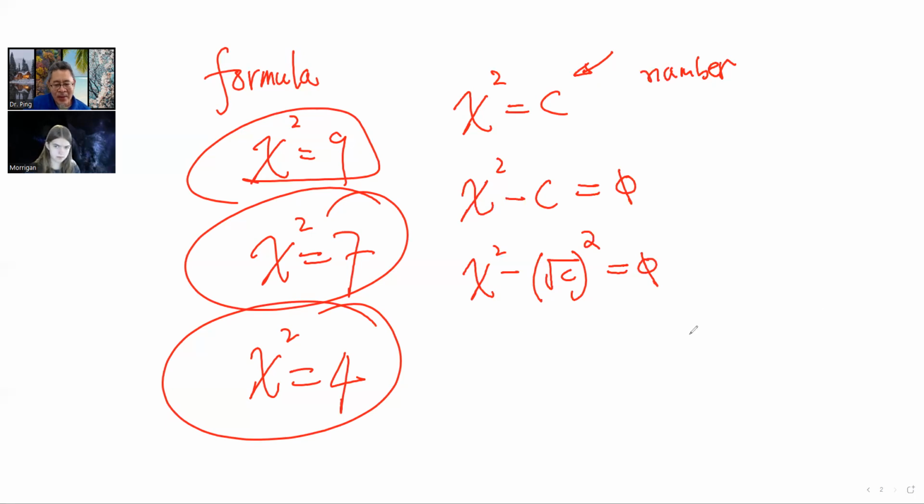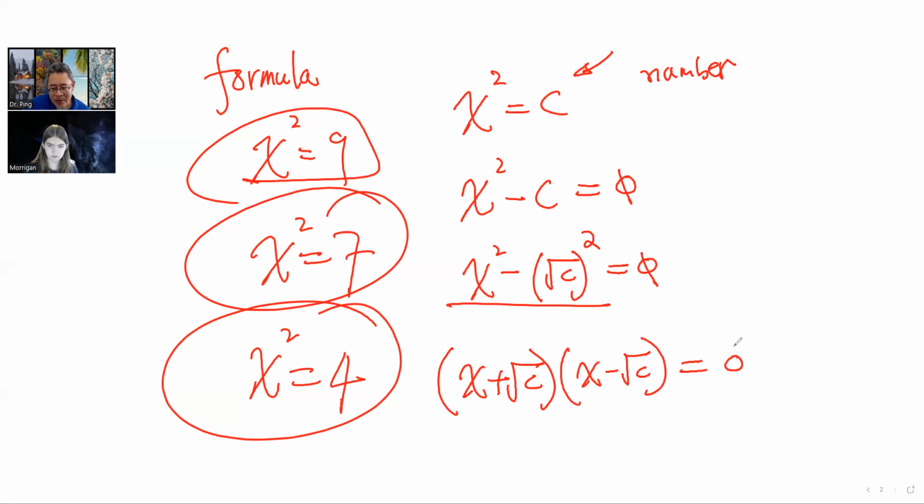And this, we know, is x plus square root of c times x minus square root of c. Then we got this equation. And this is called factorization. We basically break this quadratic equation into the product of two linear expressions. Good? Okay.